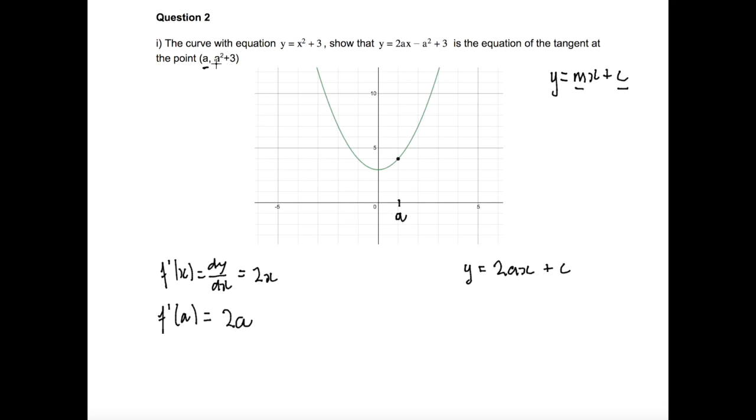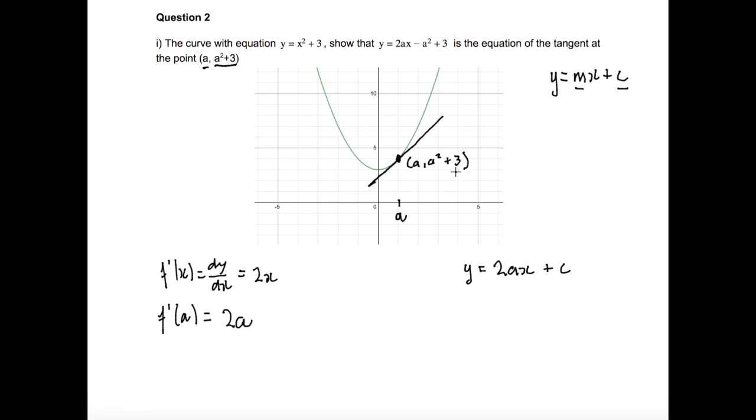They've given us a point here. They've told us that at the point a, the y value is equal to a squared plus 3. So say, for example, we've got this curve here and we've got some tangent. They've told us that this coordinate here at the tangent point is equal to a squared plus 3.